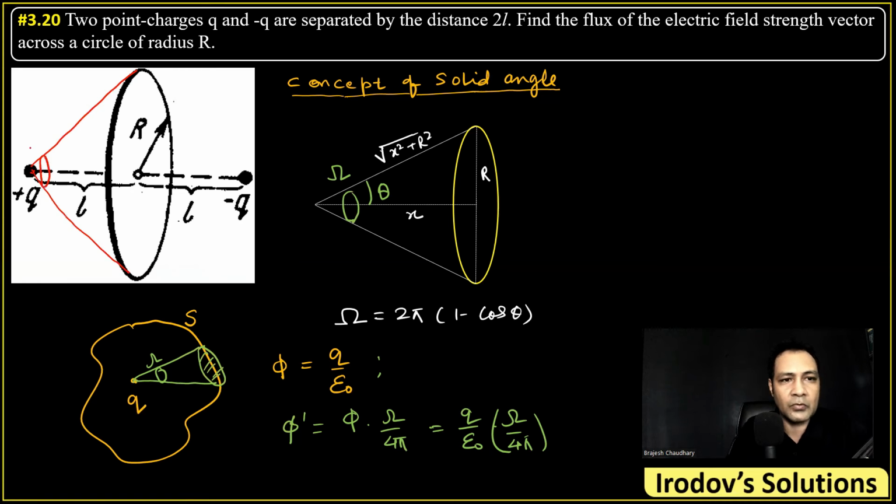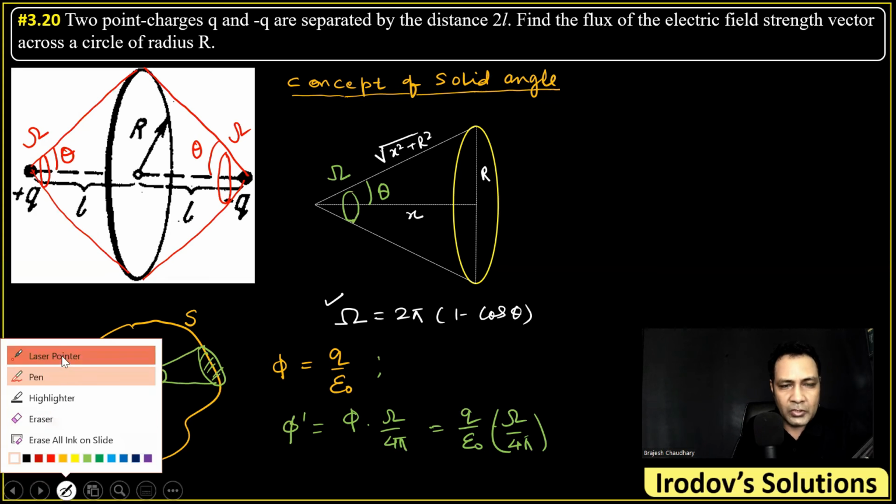So this is solid angle omega, and the half angle is theta. Similarly, at the minus q charge, by symmetry, the same solid angle and the same half angle theta will be subtended, and we'll be using this formula: omega is equal to 2 pi into 1 minus cos theta.